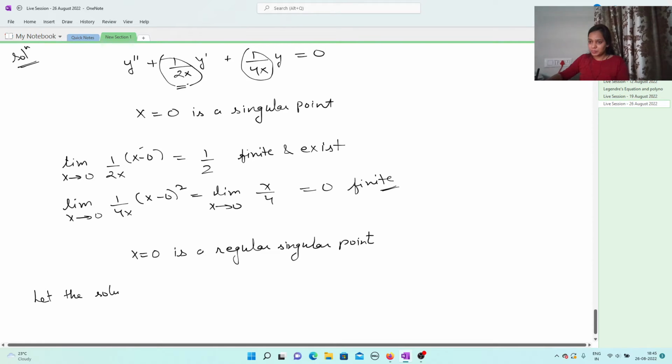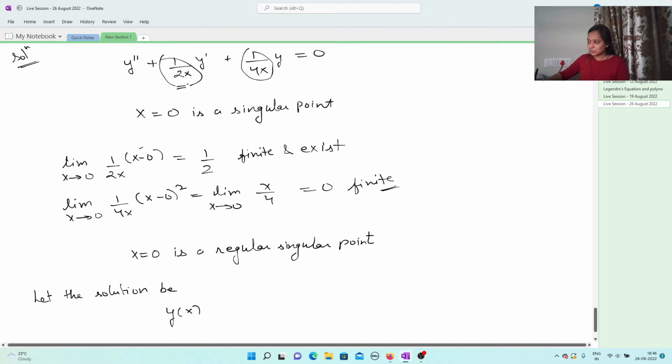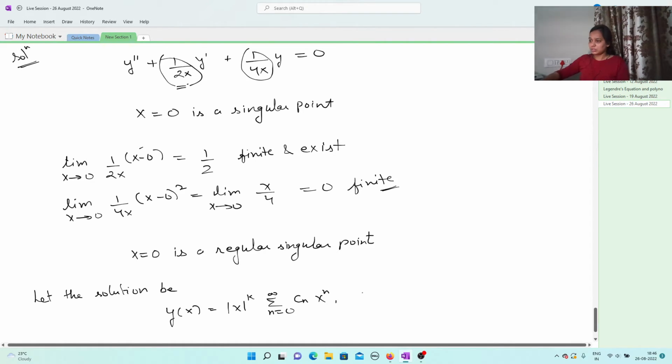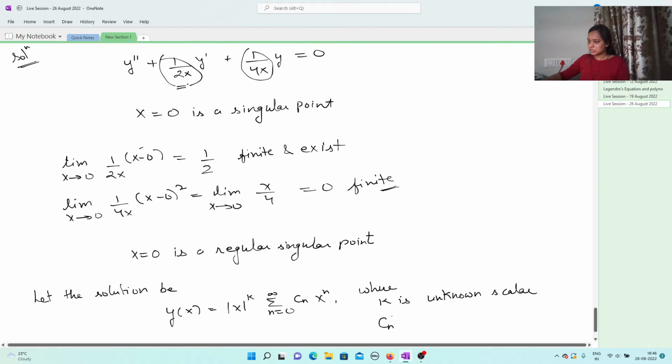Let the solution be y of x equal to mod of x to the power k, summation n equals 0 to infinity Cn x to the power n, where k is an unknown scalar, right? And all the Cn's are also unknown scalars.